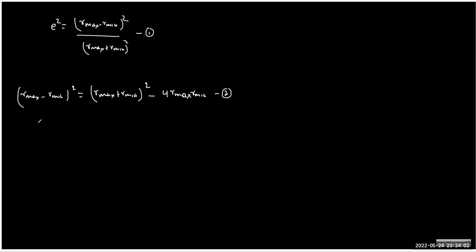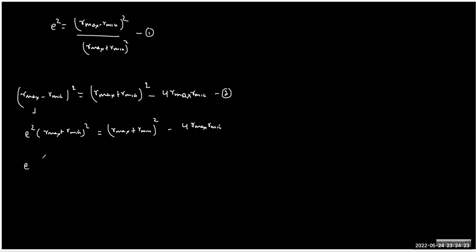And you can see the equation 1. So 1 will give you that the difference, you can replace by E square into (R max plus R mean) whole square, which is (R max plus R mean) whole square minus 4 R max R mean.